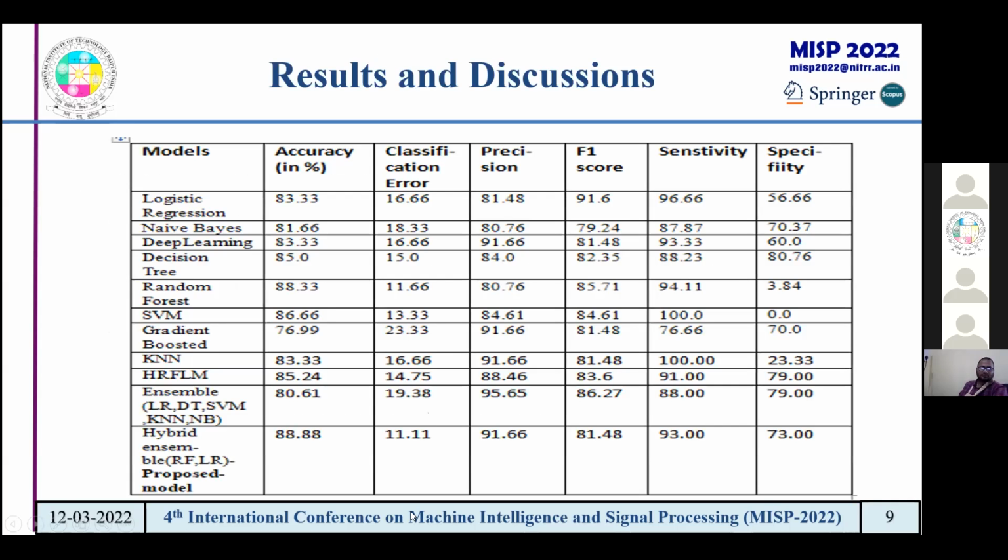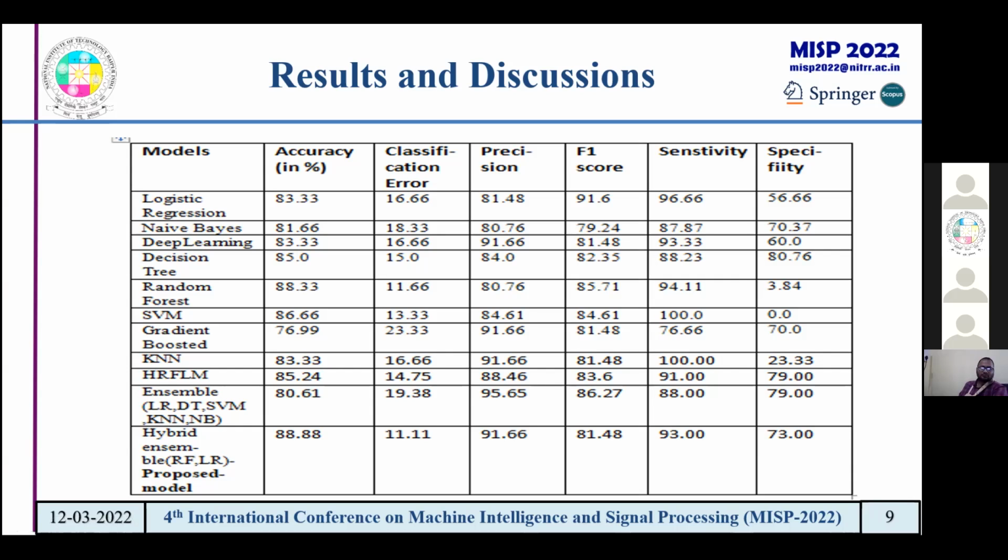These are the results we obtained when we implemented, sir. As you can see here, the logistic regression and the random forest got more accuracy. So we combined these both in order to form an ensemble model using a max voting classifier, sir.